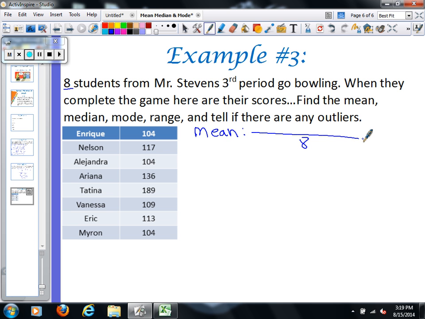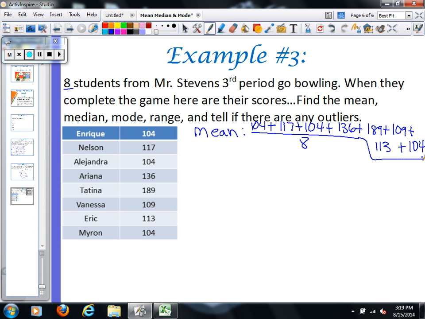You're going to add all the scores up. 104 plus 117 plus 104 plus 136 plus 189 plus 109 plus 113 plus 104.